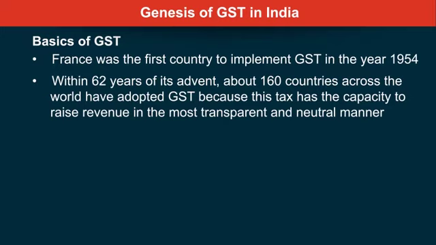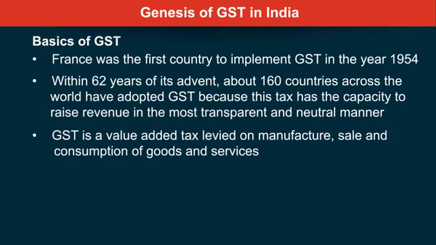Now this is mainly because the GST has the capacity to raise revenue in the most transparent and neutral manner. GST is globally considered to be a value-added tax which is imposed on manufacture, sale, and consumption of goods and services.